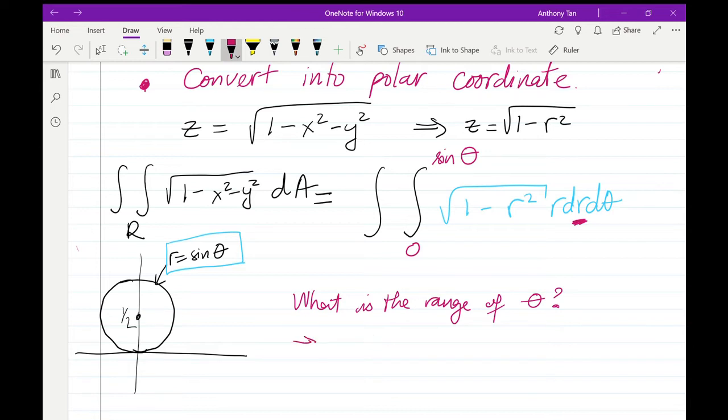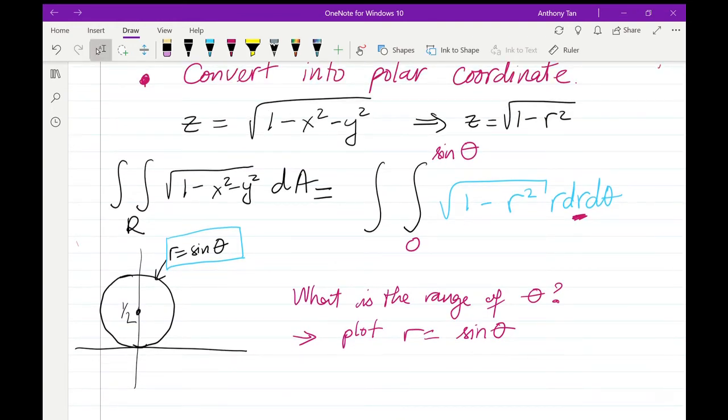To work this out, you need to plot r equals sine theta and see what range of theta will give you a full circle. So you have to do the following: pick theta and r. Your theta could be 0. Choose the special angles to make it easier on yourselves and so on.